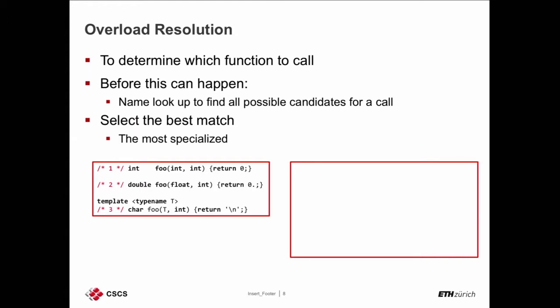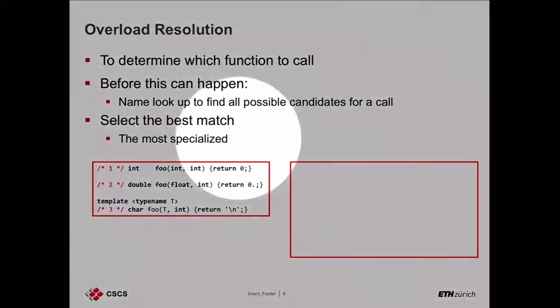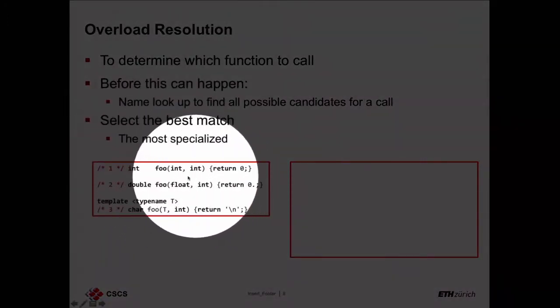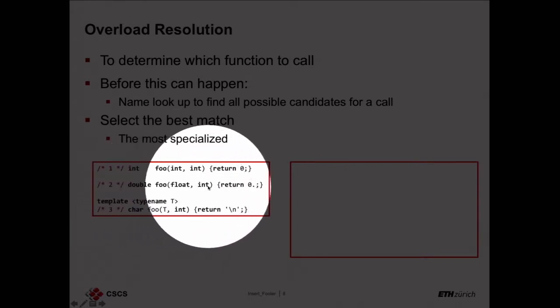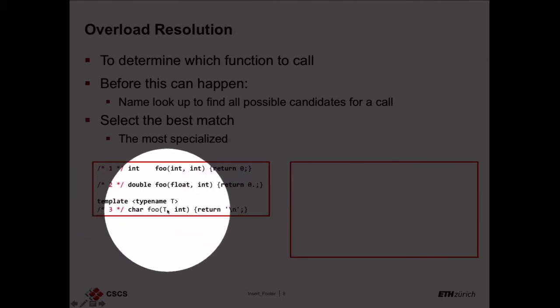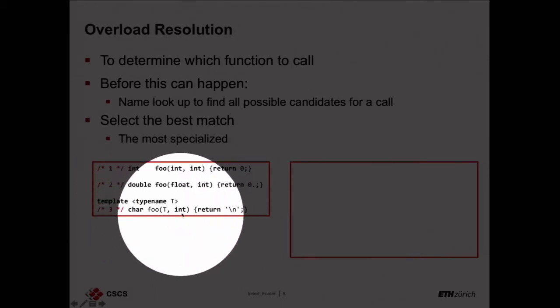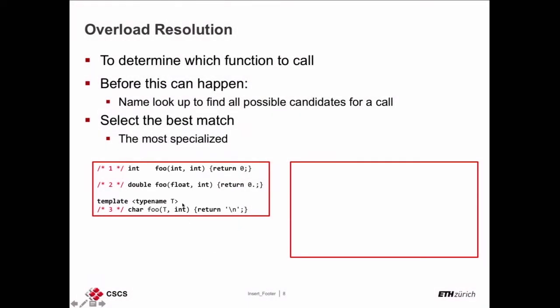It's the most specialized. So for instance, if I have three functions here, right? Function 1, 2, and 3. Foo takes int and int. This one returns a double and takes a float and an integer. And this one returns a char, takes something of type T and an integer. They're all foo, so when the compiler looks for foo, it will list all these candidates. So when I call foo of 3 and 4, which version do you think will be called?